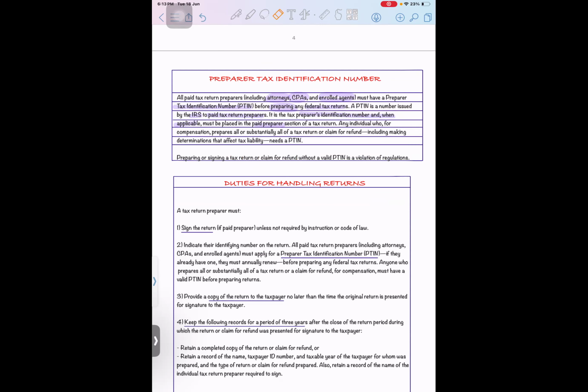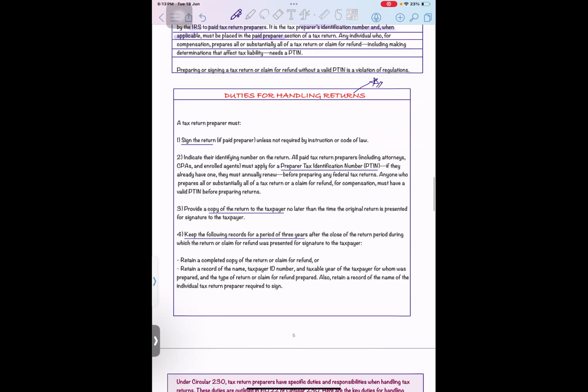Then what are the duties for handling the return? This is the most important topic. Based on this, in the exam they will ask a lot of scenarios. They'll give the actual scenario, and then they will ask, has the preparer prepared the return within his duties or not.